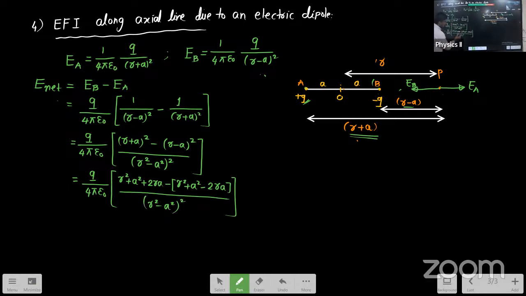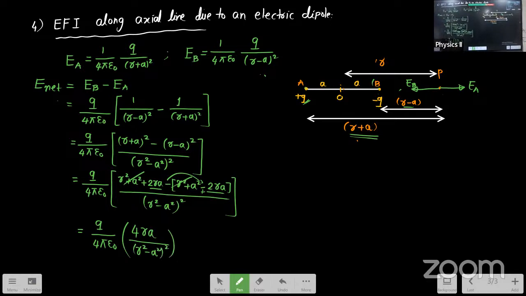Now see here, if I multiply this negative sign, this will become minus R square and minus A square, and minus into minus will become plus. So all these terms will get cancelled. Finally, we will be left with Q divided by 4 pi epsilon naught into 4RA divided by (R square minus A square) whole square.